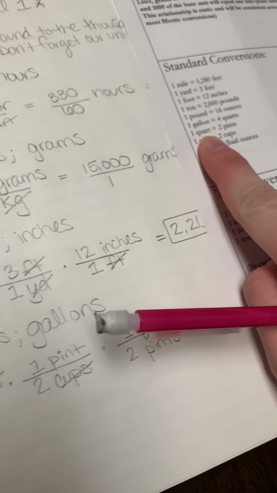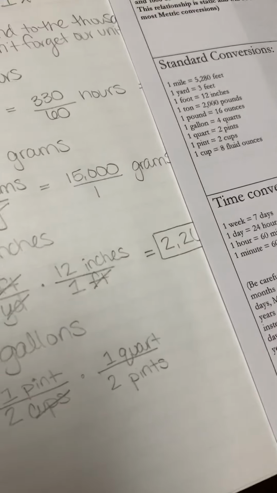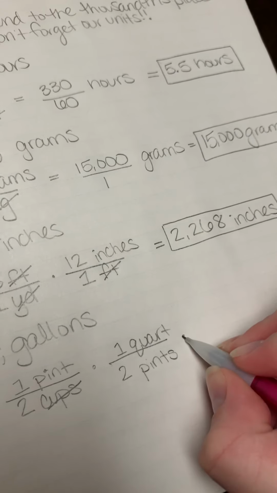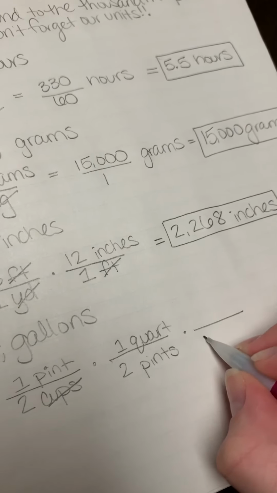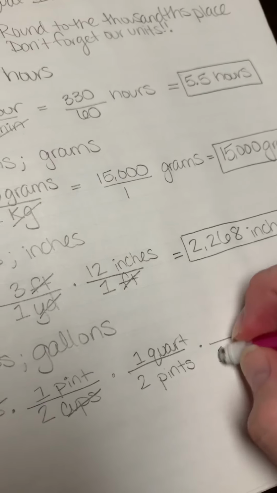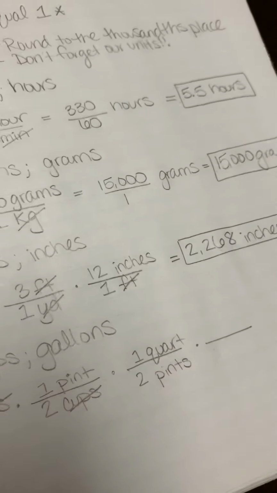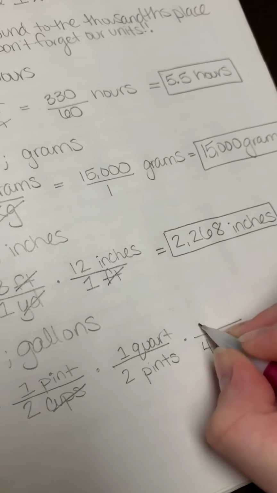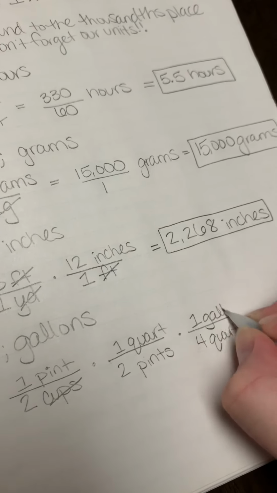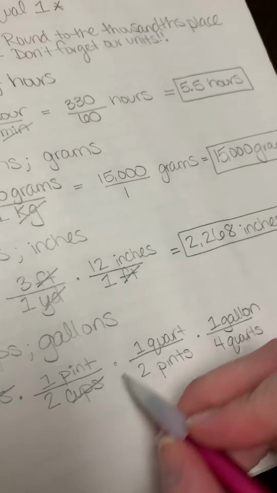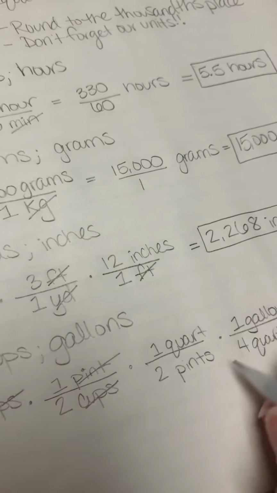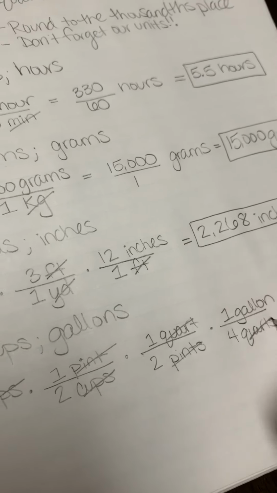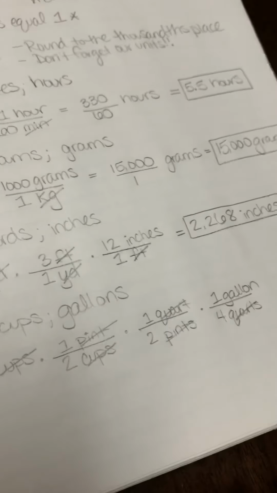And then now I can convert quarts to gallons. So one more. 4 quarts is equal to 1 gallon. And then when I go through, sorry, I forgot to cancel these pint and pint, quart and quart, I'm left with just gallons.